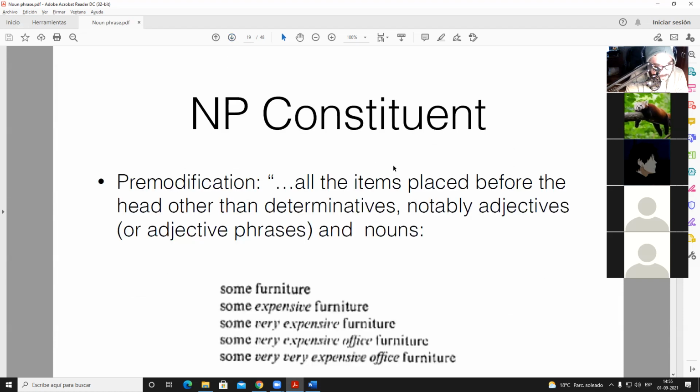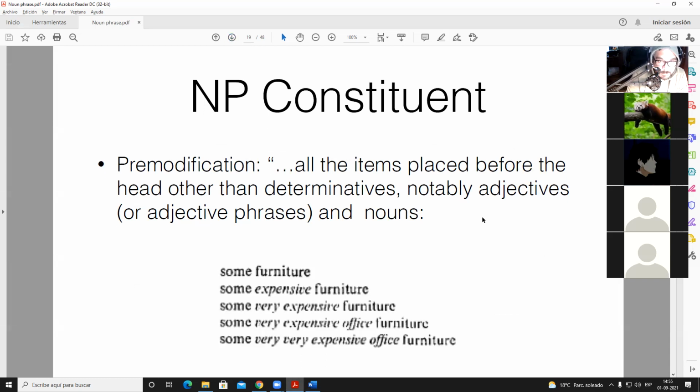Then we discussed the idea of noun phrase constituents, the pre-modification stuff, which is very simple. I can provide you a summary out of this quite easily. Inside of a noun phrase, you can have pre-modifiers, and these are adjectives, nouns, adjective phrases.